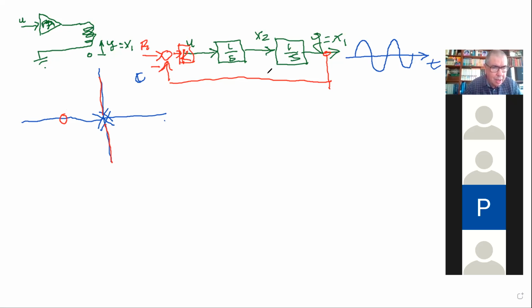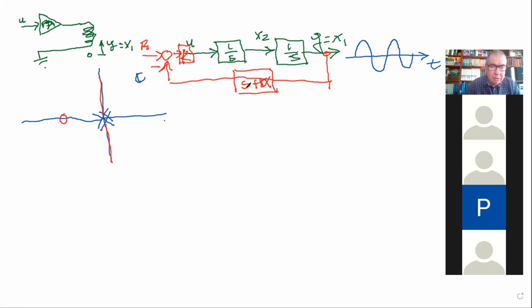And how do I create a 0 here? Multiply by S. Multiply by S? No, to be in the left half plane, it needs to be S. So I place it here. Something, some K1, let's say, some S plus alpha. How can I create this?